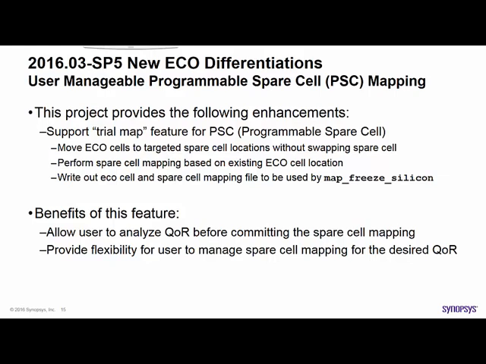The user then can do analysis on the result and then perform manual spare cell mapping if they are intended. The mapping information also can be written out for the map free silicon command to do the mapping.